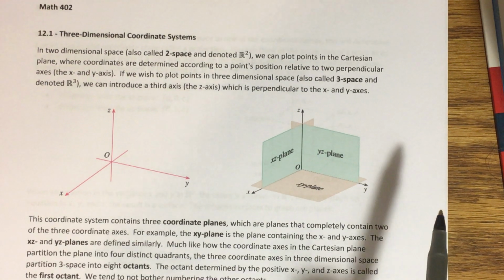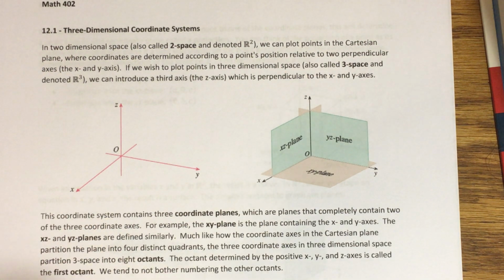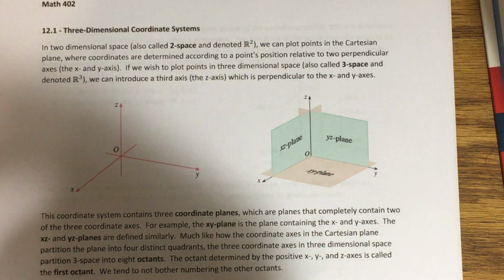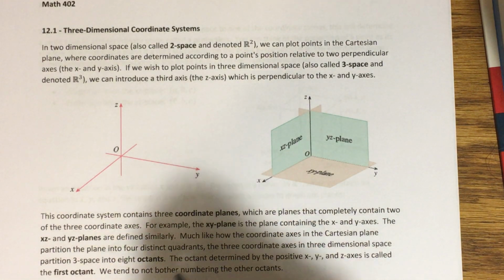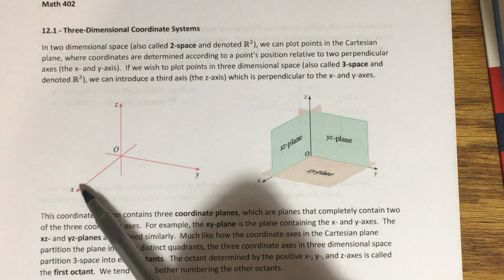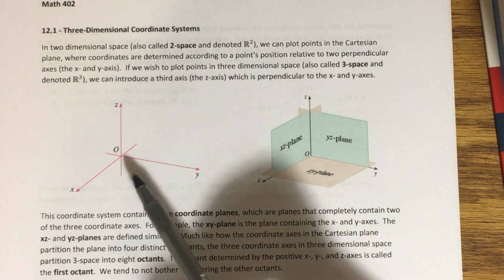We can number them the way that we do with quadrants in two-space, but we tend to not really worry about which is which, with the exception of the first octant. The first octant is the octant that's determined by the positive x, y, and z axes.